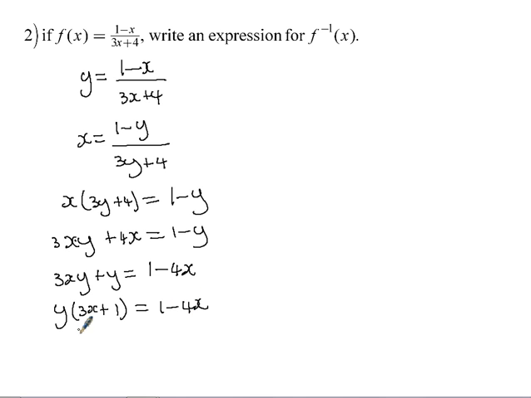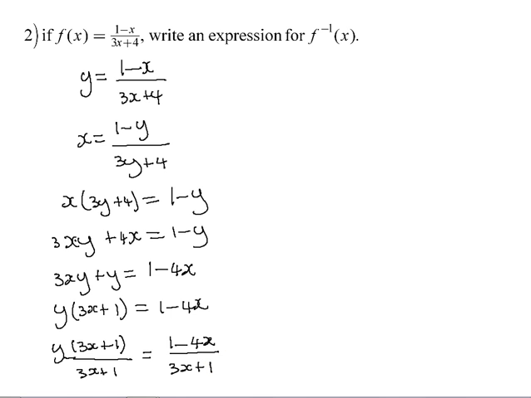And then now you're multiplying the y by 3x plus 1, so you simply divide each side by 3x plus 1. So y times 3x plus 1, divided by 3x plus 1, is equal to 1 minus 4x divided by 3x plus 1.